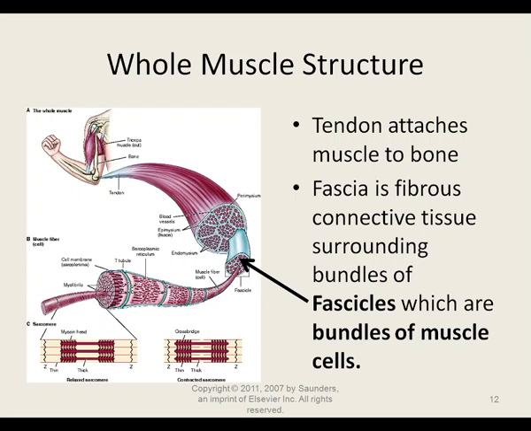Notice there's a whole muscle there, and in the diagram there is a cross-section of the muscle. Inside the whole muscle are bundles of muscle cells called fascicles. So make sure you look at the diagram for a minute and you can point out where the fascicles are.